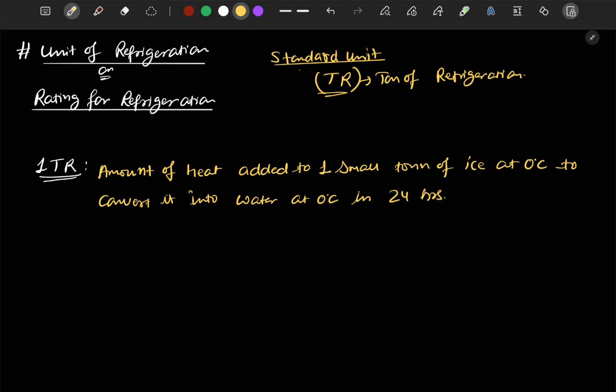Or it can also be referred to as the amount of heat that needs to be removed from 1 ton of water at 0 degrees Celsius to convert it into ice at 0 degrees Celsius in 24 hours.